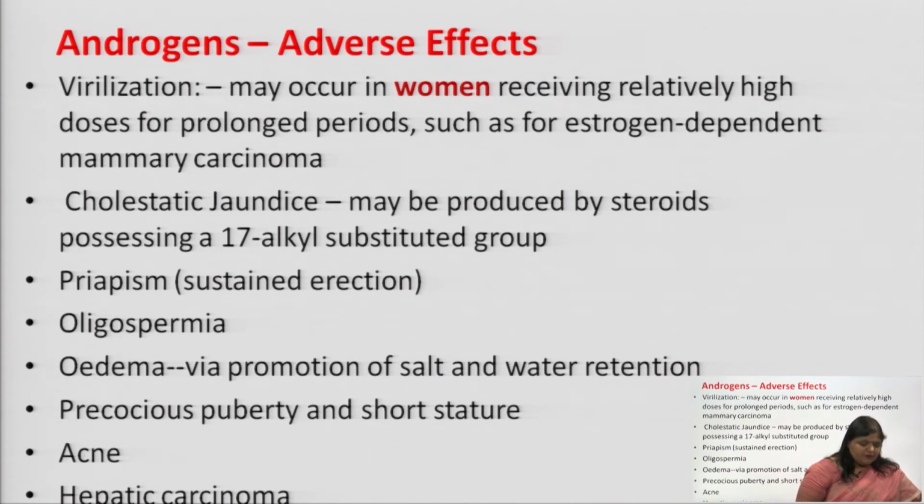Then it can lead to cholestatic jaundice, generally produced by the steroids which possess the 17-alkyl substituted group. Then it can also lead to oligospermia, that is decreased sperm count.